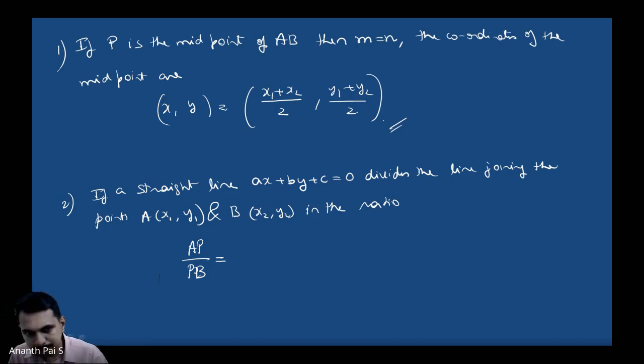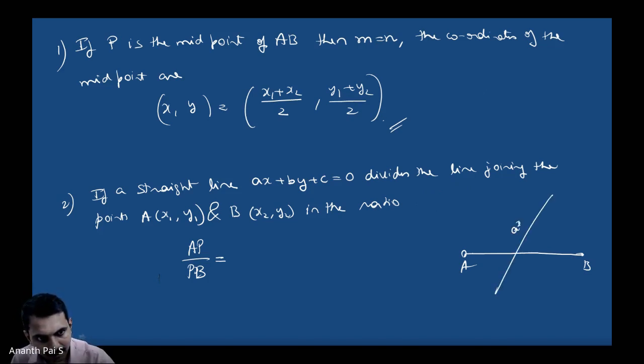P is the midpoint. Let me write this. So you have A and B. Then you have a point, line ax plus by plus c is equal to 0. And this is lambda, this is 1.